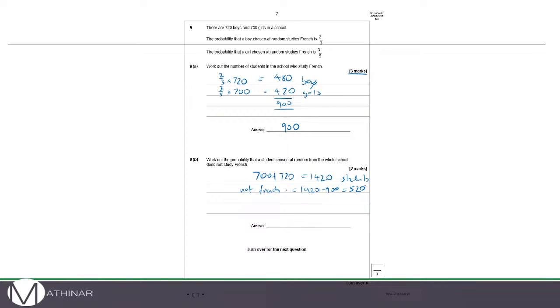So the probability that I pick a student that does not study French is 520 out of 1420. And that will simplify to 52 over 142, or 26 over 71. And that's your answer for 2 marks.